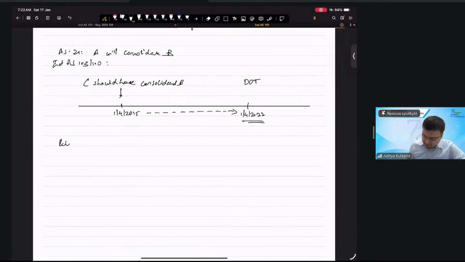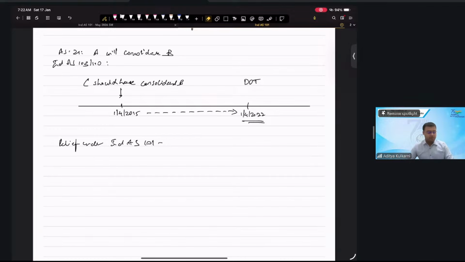So what you have received is a relief under Ind AS 101. What is your relief under Ind AS 101? You will decide to retrospectively restate with effect from a date of your choice. You will do the restatement based on a date of your choice.